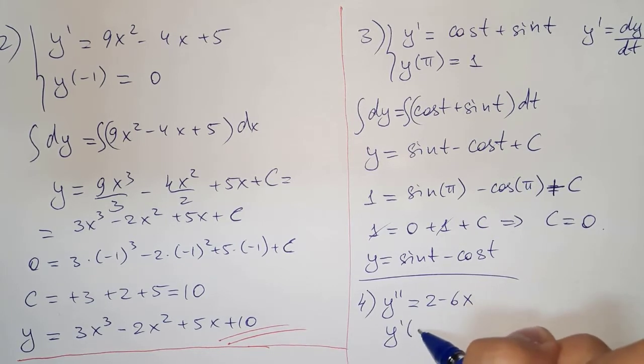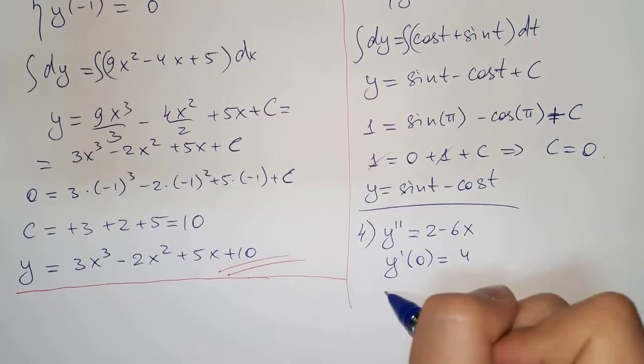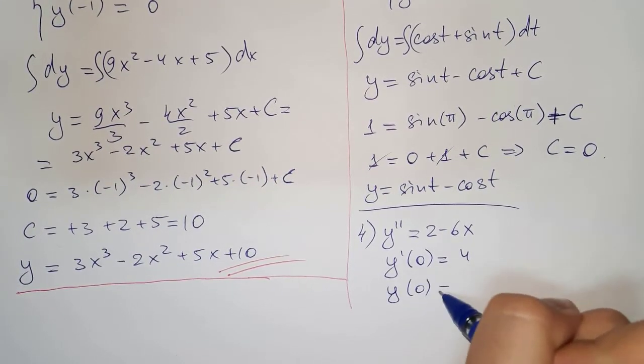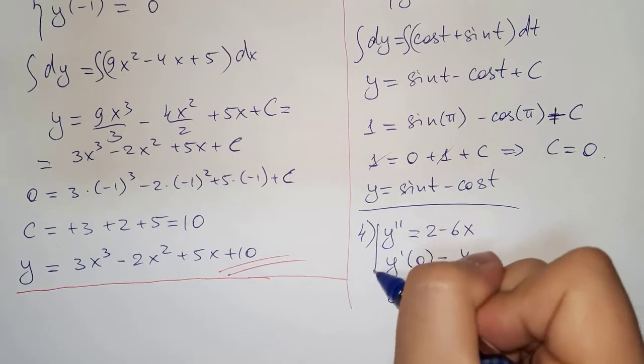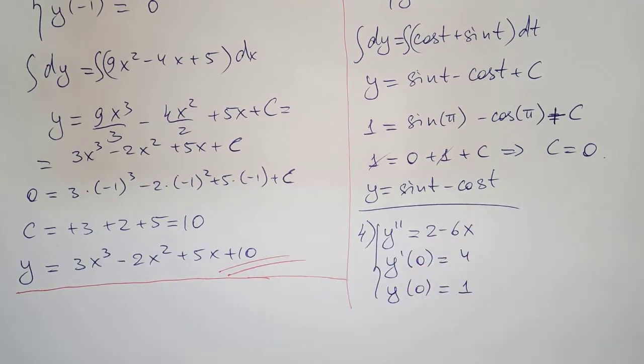When y prime at 0 is 4, and the next one is y at 0 is 1. So this is also an initial value problem, or Cauchy problem. Here we need to use the previous steps twice, and we get the solution.